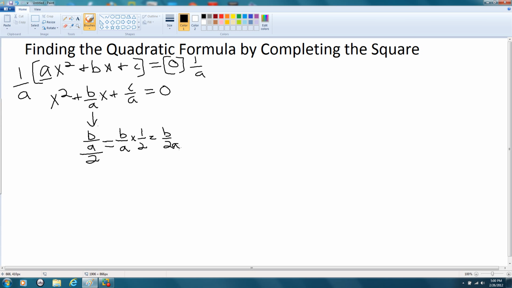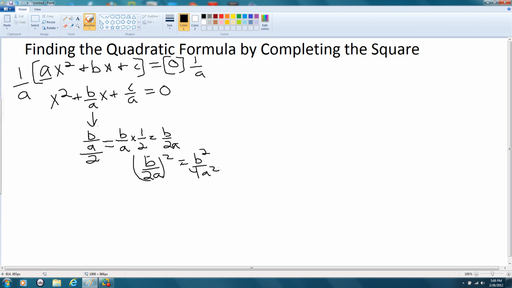And remember, we're also going to take that b over 2a and square it. So we get b squared over 2 squared, which is 4, and a squared.